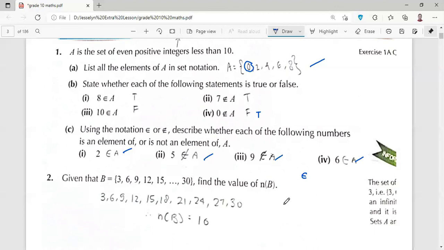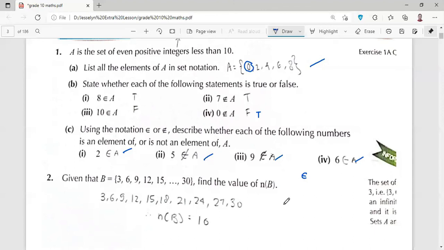You have 3, 6, 9, 12. The numbers are increasing by how much, Jesseline? It increases by 3. Since there is a continuous dot, and not all the elements were listed, and you are asked to find the number of elements within the set B, correct?